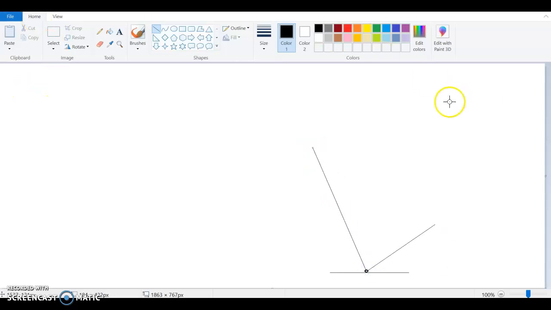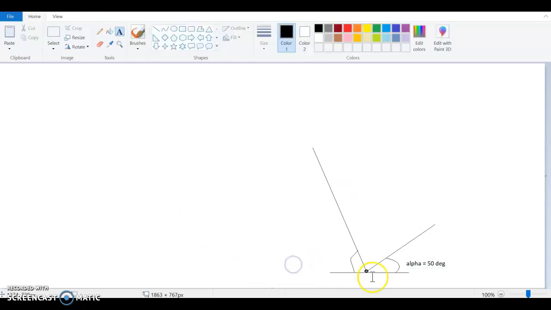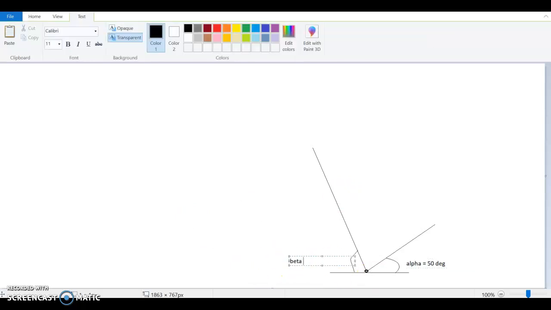Therefore we have an angle here, just the direction, and also we have an angle here, right? Let's say they are user defined. Let's have this as alpha. Let's say the user entered like 40, 50 degrees maybe. And for this one, beta, let's say it's 65 degrees, all right?